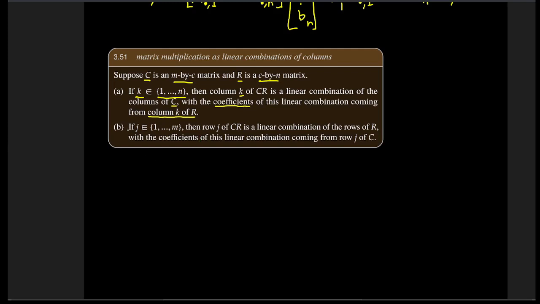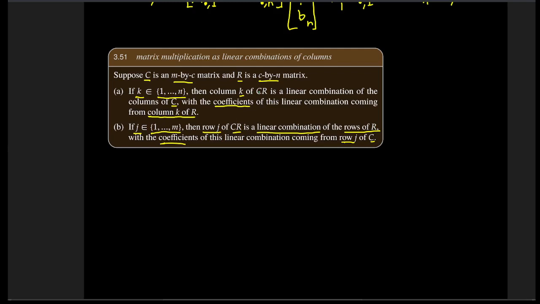And similarly, you can do the exact same thing for j between 1 and m. This says that row j of CR is a linear combination of the rows of R, where the coefficients come from row j of C. So the kth column of CR is a linear combination of the columns of C, while the jth row of CR is a linear combination of the rows of R. So for rows, it's from the second matrix, and for columns, it's from the first.